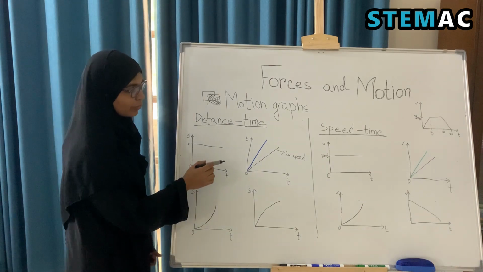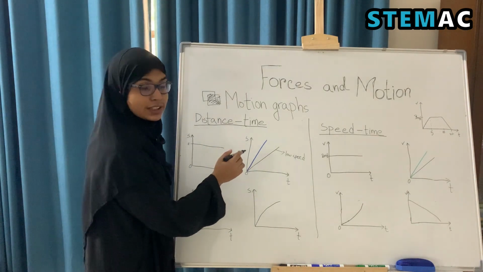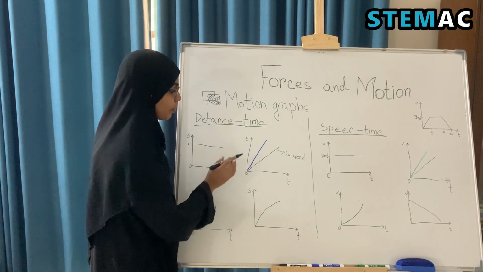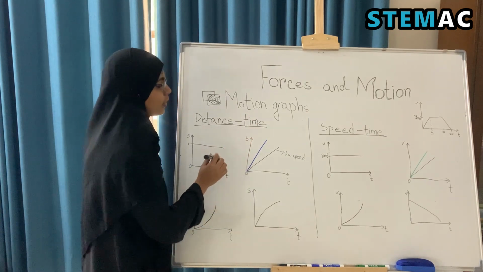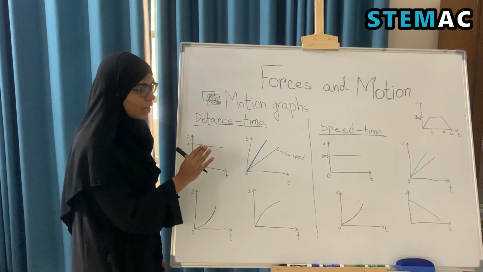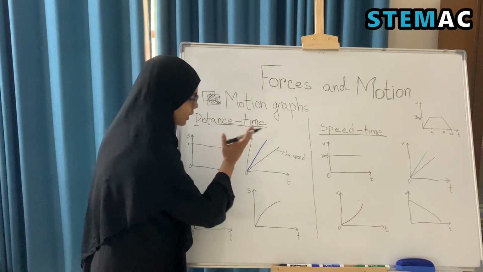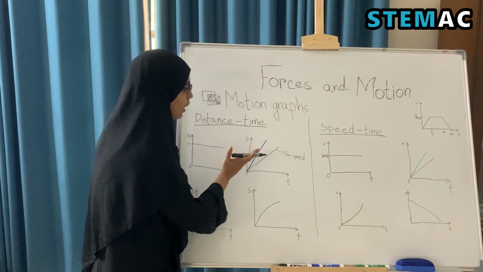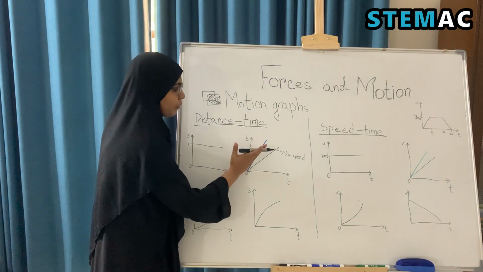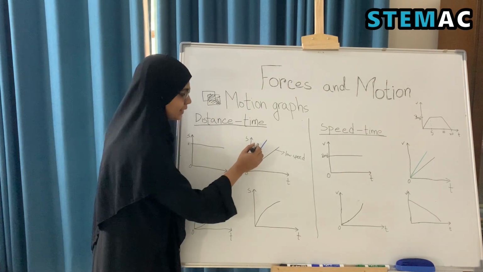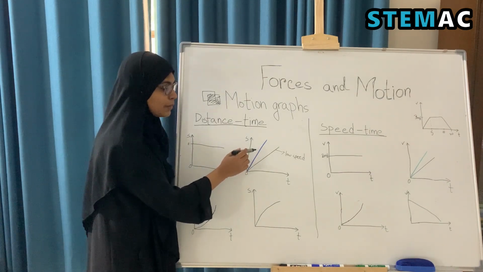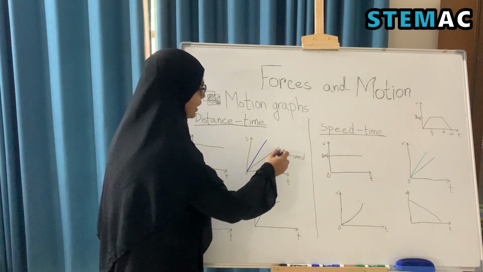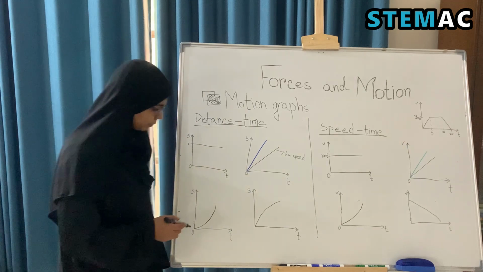From distance time graphs, we get speed from the gradient, from the slope. When the slope is higher, the speed is also higher. The black slope is not as steep as the blue one, so the speed is less for the black one.